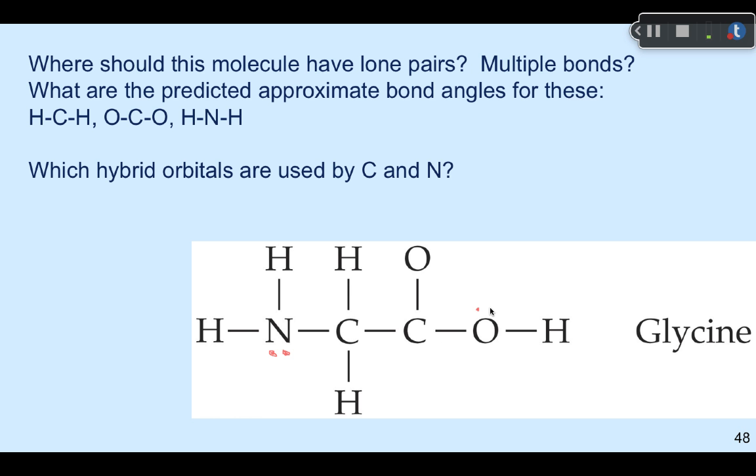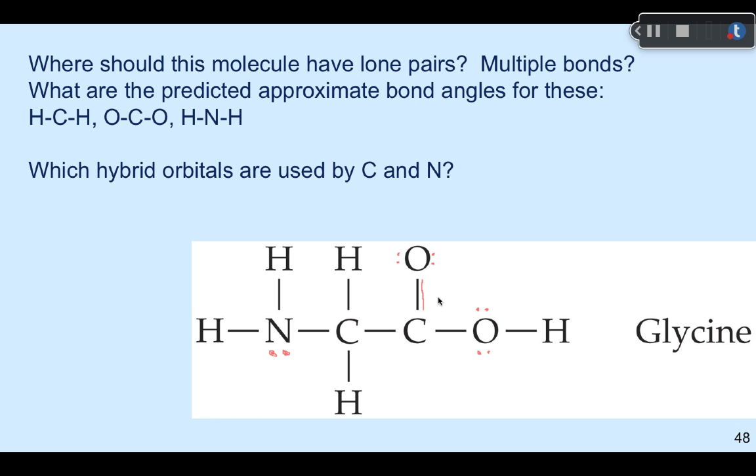Well, if the oxygen to the right has 2 bonds, that's typical. Assuming you add 2 lone pairs, that oxygen will be exhibiting an octet. But if you put in a multiple bond between the carbon and the top oxygen, and add lone pairs to that oxygen, now you have an octet for oxygen and for carbon.